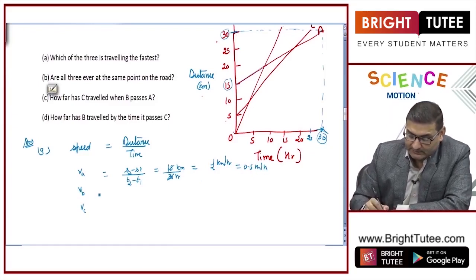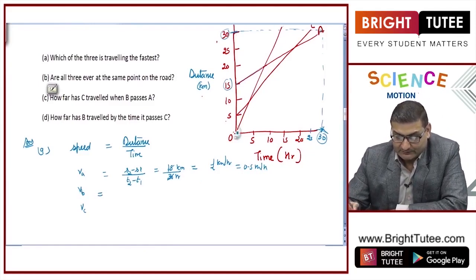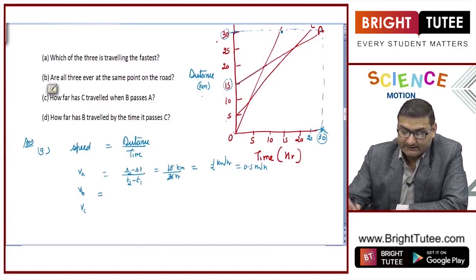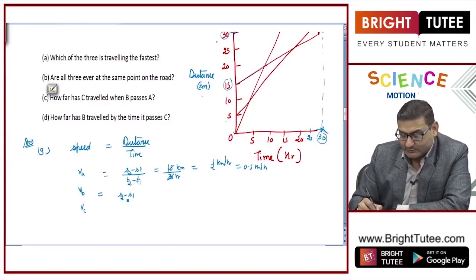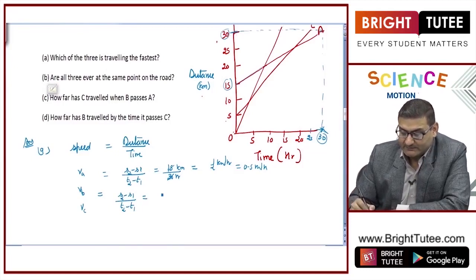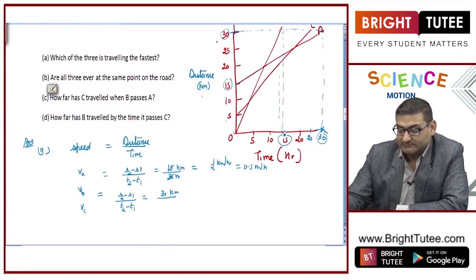Talking about the speed of car B. Car B started from 0 and it reached 30, it has travelled a distance of 30 kilometers. So once again, S2 minus S1 divided by T2 minus T1. For car B, S2 is 30 minus 0, it has travelled 30 kilometers, and for travelling this distance, it has covered 15 hours.